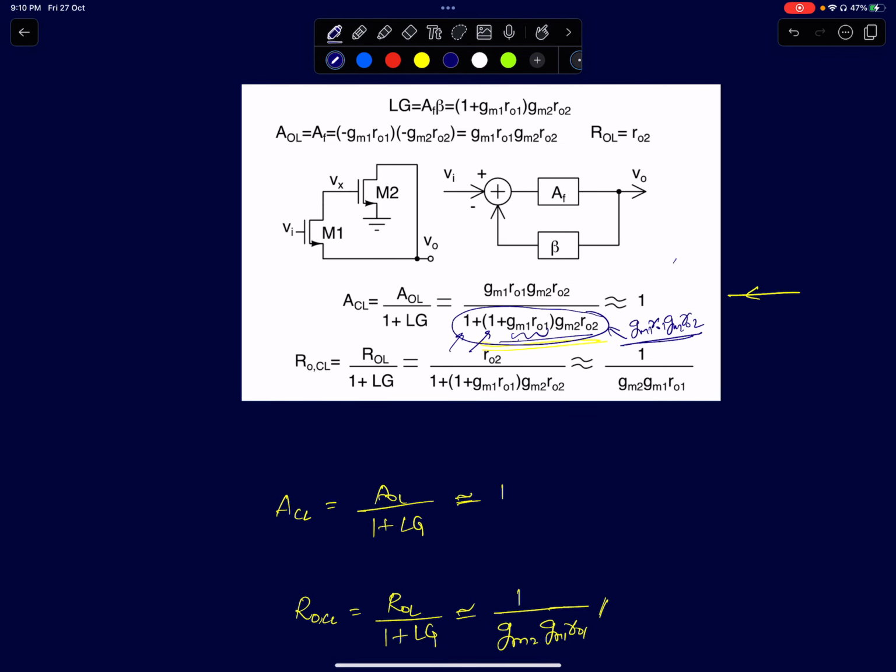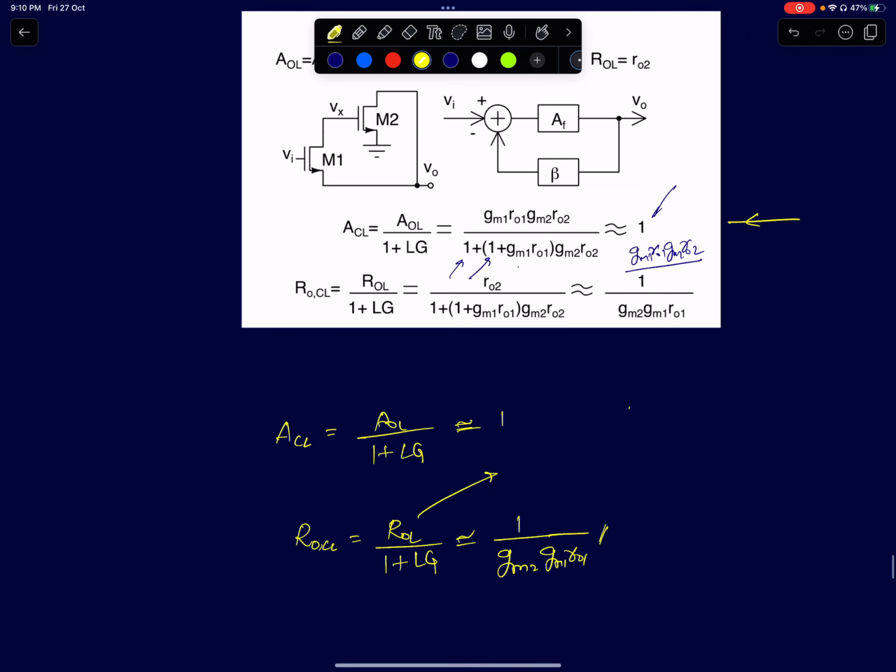So you get the closed loop gain as 1, and the output impedance is again RO2 divided by the loop gain. I can approximate it to GM1 GM2 RO1 RO2, and you get the same result, which is 1 by GM1 RO1 GM2.